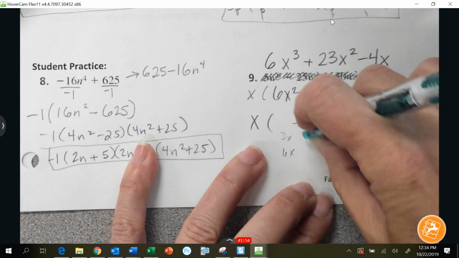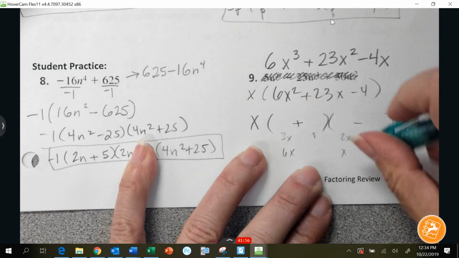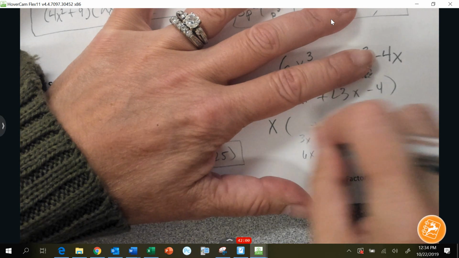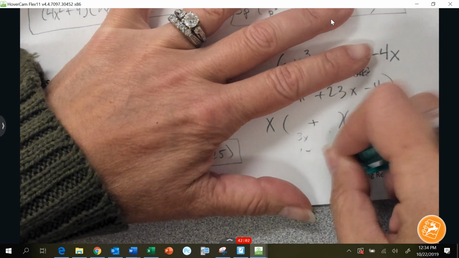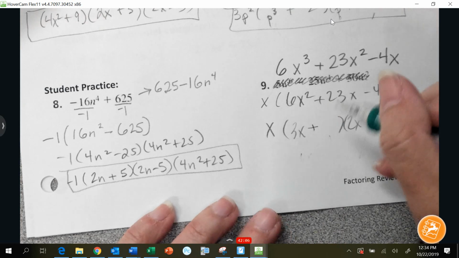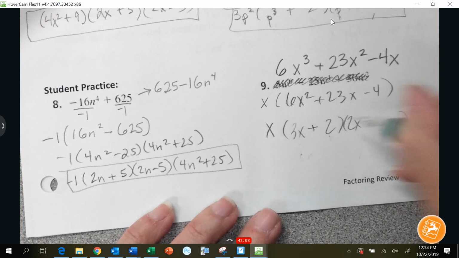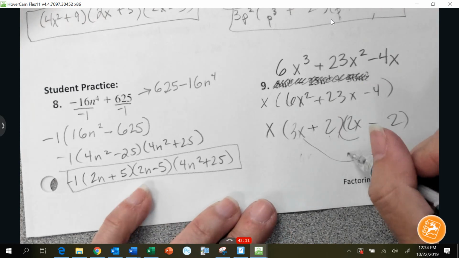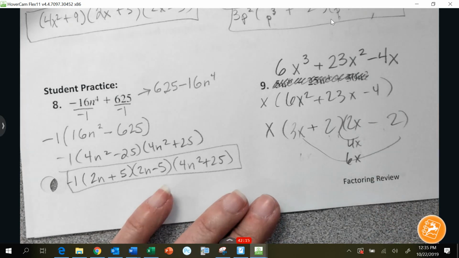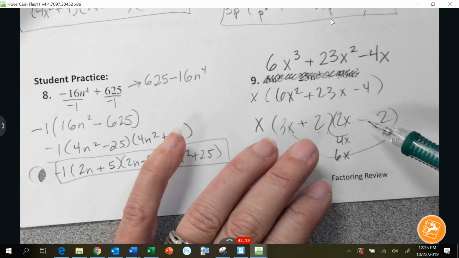Or the 1 could be with this one and the 4 could be with this one. This one's hard because you have to try stuff and it might not be the right thing right away. So let's say I say 3x, 2x, 2 and 2. I add these back together and I get 6x and I get a 4x. There's no way I'm getting a 23 from that.